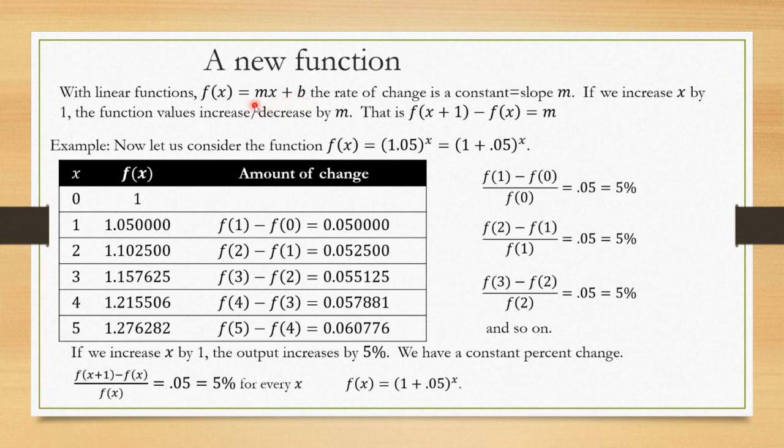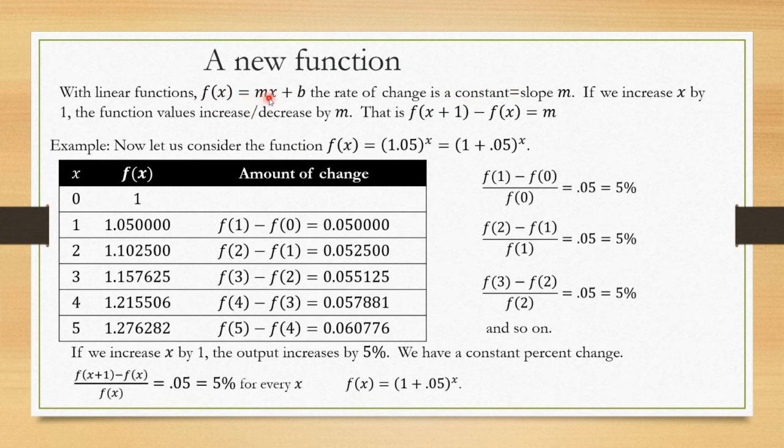Where again, m is the slope. b was the initial value where the graph crosses the y-axis. And remember, what does slope really equal? It's the rate of change. The idea there was if you were to increase this x, the input, by 1, the function values are going to change by m units, no matter what, and for any x.